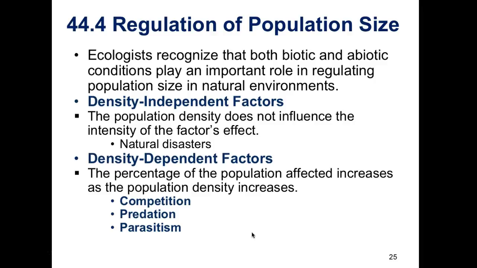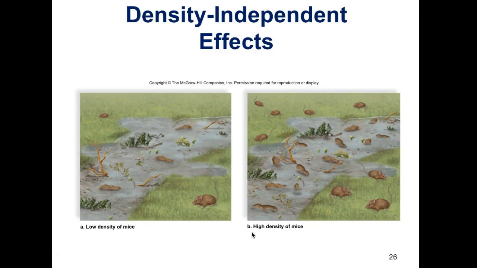Competition, as your population increases, you're going to be competing for resources such as food and shelter. Predation, as the population increases, you have a greater abundance of predators that will grow with your population. So those are density-dependent factors.